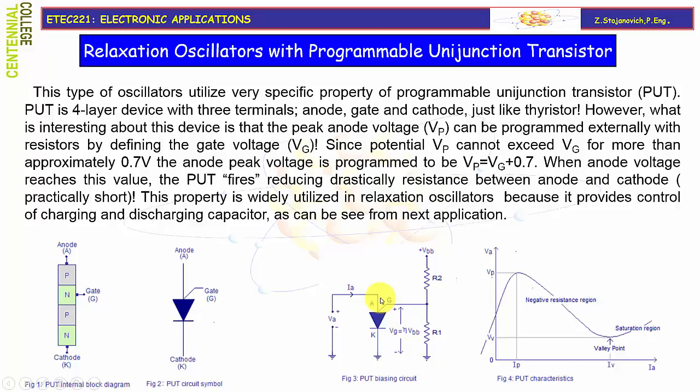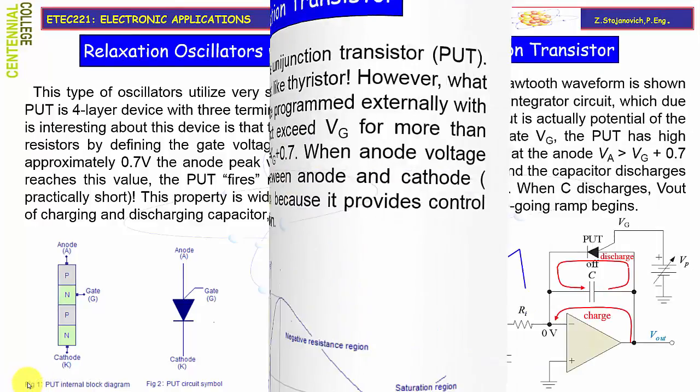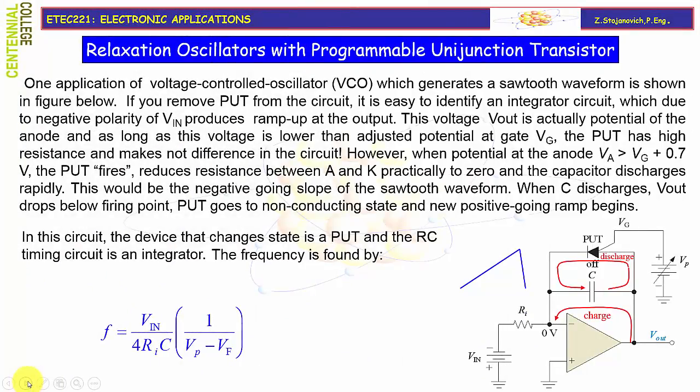This property is widely used in relaxation oscillators because it provides control of charging and discharging of a capacitor, as can be seen from the next application. One application of a voltage-controlled oscillator, or VCO, which generates a sawtooth waveform, is shown in the figure below.